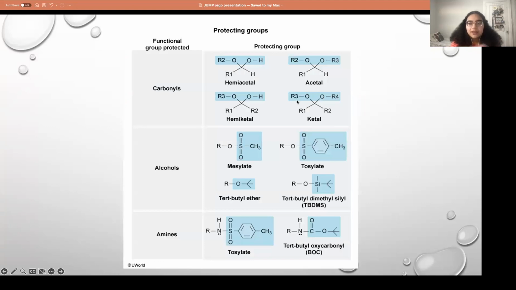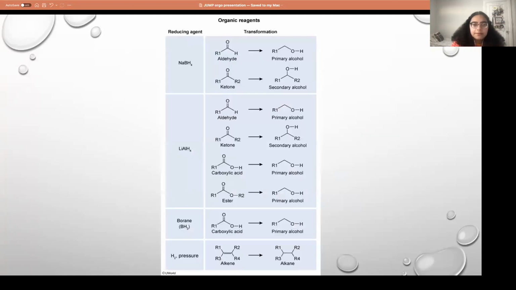As it shows here, a bunch of different groups can do protecting. In terms of reducing agents, some are stronger than others. For example, LiAlH4 is stronger than NaBH4, and you can see the different types of reductions they can do.